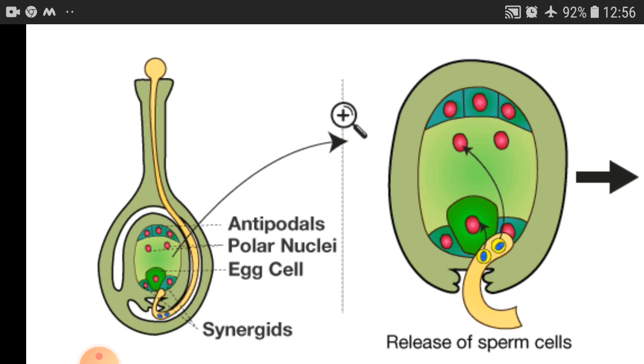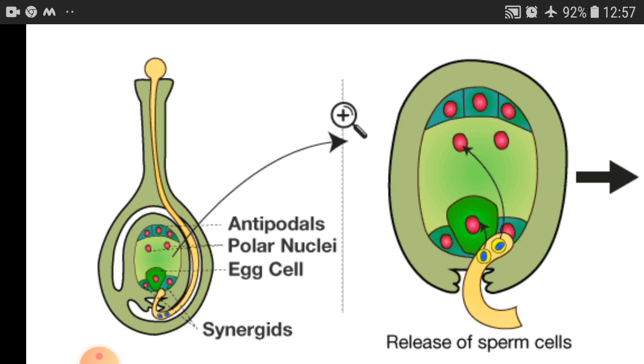One male gamete fuses with the egg to form the zygote. The process is called syngamy or generative fertilization, and the diploid zygote finally develops into the embryo. The other male gamete fuses with the two polar nuclei, which are also known as the secondary nucleus, to form the triploid primary endosperm nucleus.